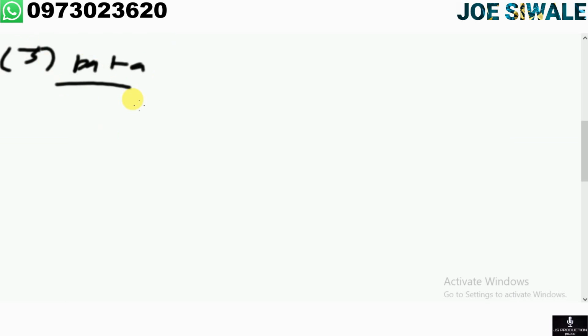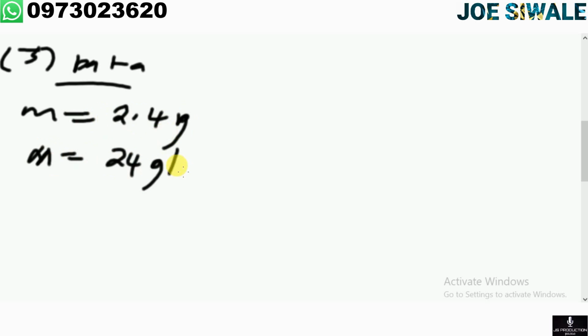So here I'm trying to calculate the number of particles when I've been given the mass, and I've been given the mass of magnesium as 2.4 gram. Then what else? I also know that the molar mass of magnesium, that's 24 gram per mole. Then I'm trying to calculate the number of particles.